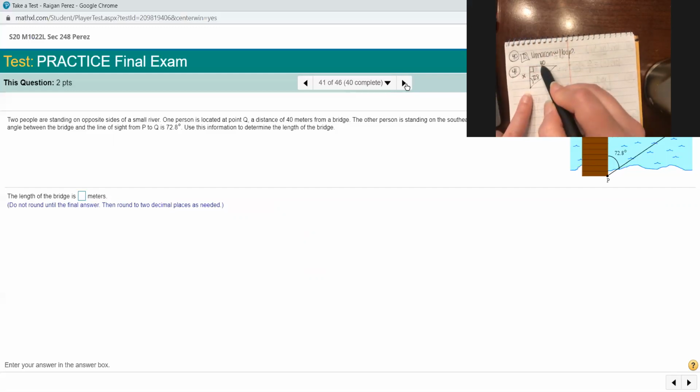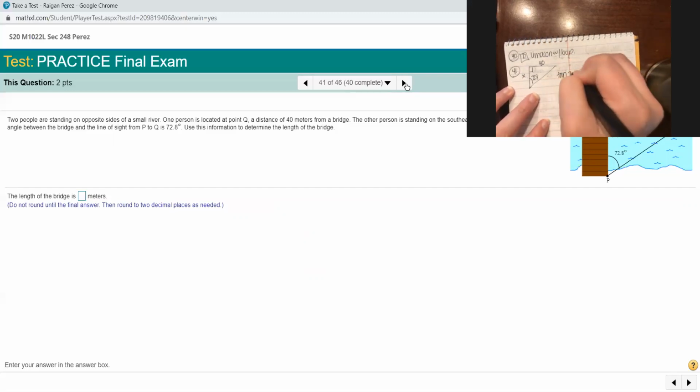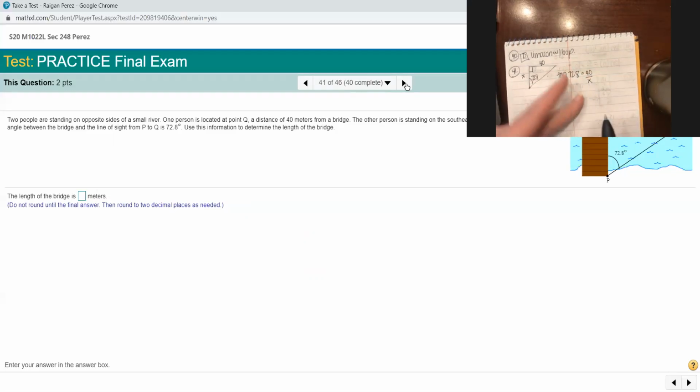So I have opposite over adjacent, so I've got to use tangent. So tangent of 72.8 is equal to 40 over x. Since I'm solving for x, these two switch spots. So x is equal to 40 divided by tangent of 72.8. And I'm just plugging that in my calculator. And I got 12.38.